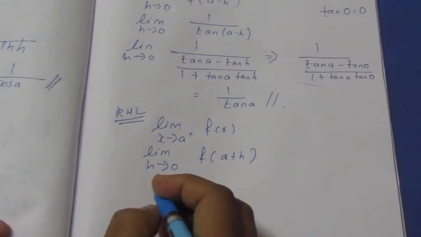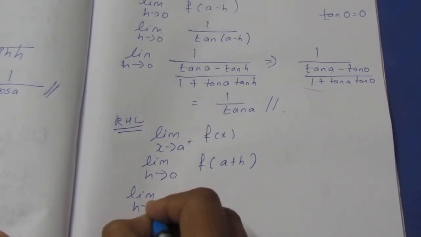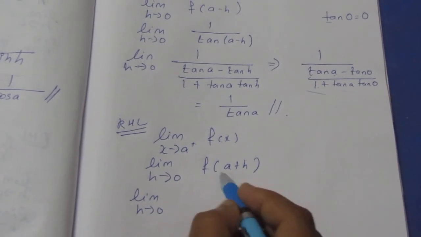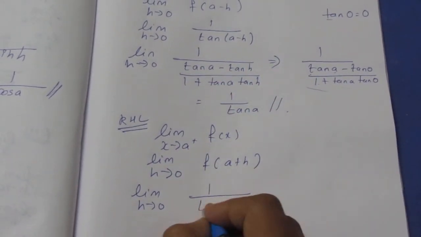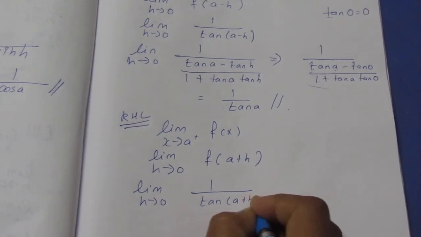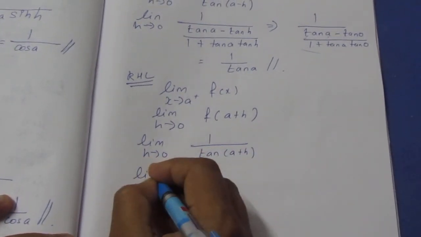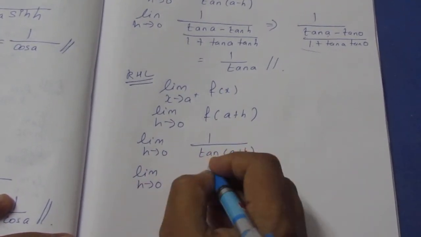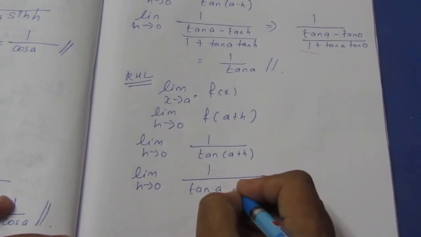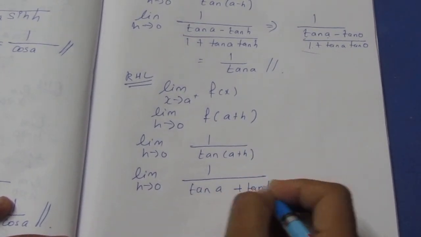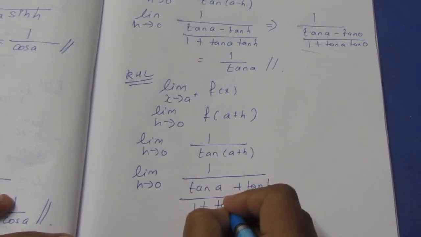Now limit h tends to 0, f of a plus h, I can write it to be 1 by tan a plus h. Now limit h tends to 0. We know the formula for tan a plus b, that is tan a plus tan b by 1 minus tan a tan b.